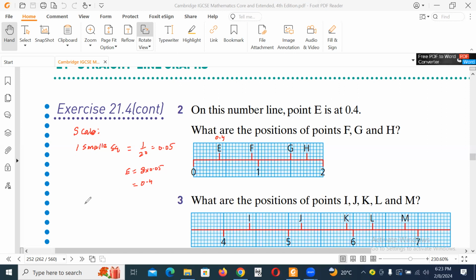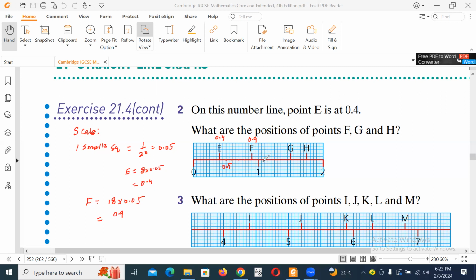Here we have two ways to find the position of F. Either 18 multiplied by 0.05, which is equal to 0.9. Or each two boxes equal 0.1, so here you have exactly 0.5, then 0.6, 0.7, 0.8, 0.9. You can find it this way also.